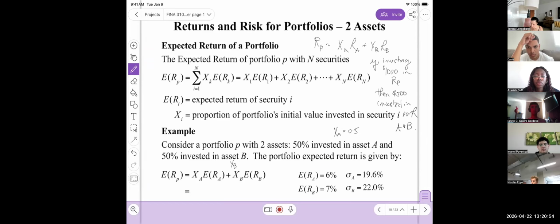Which makes 50%. And how do I calculate the expected return of that? The expected return of an average, this is an average.